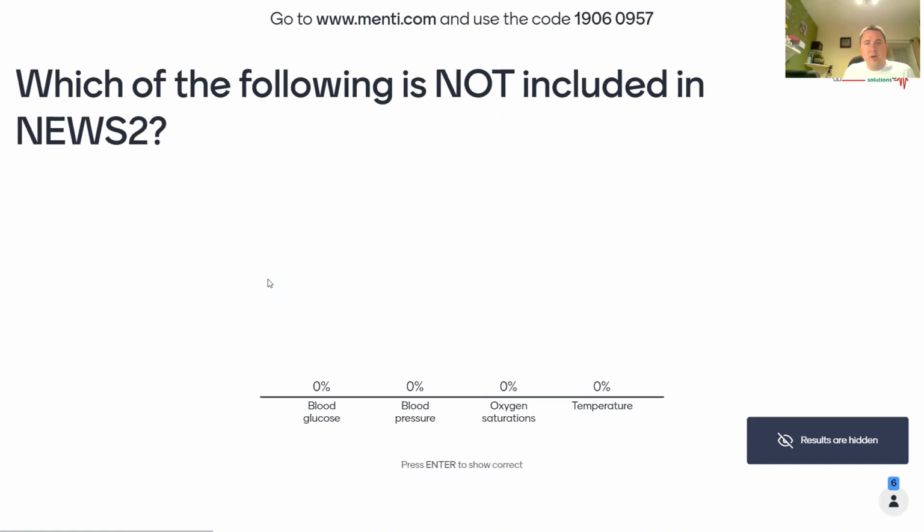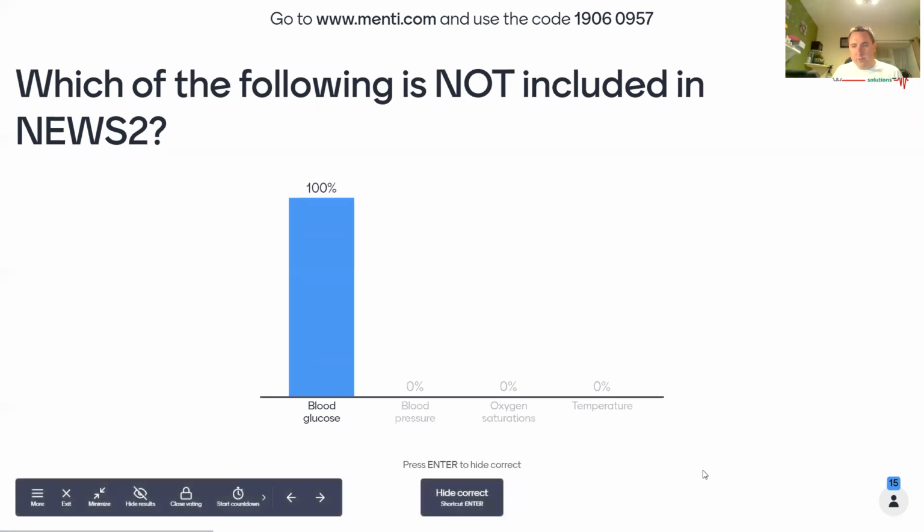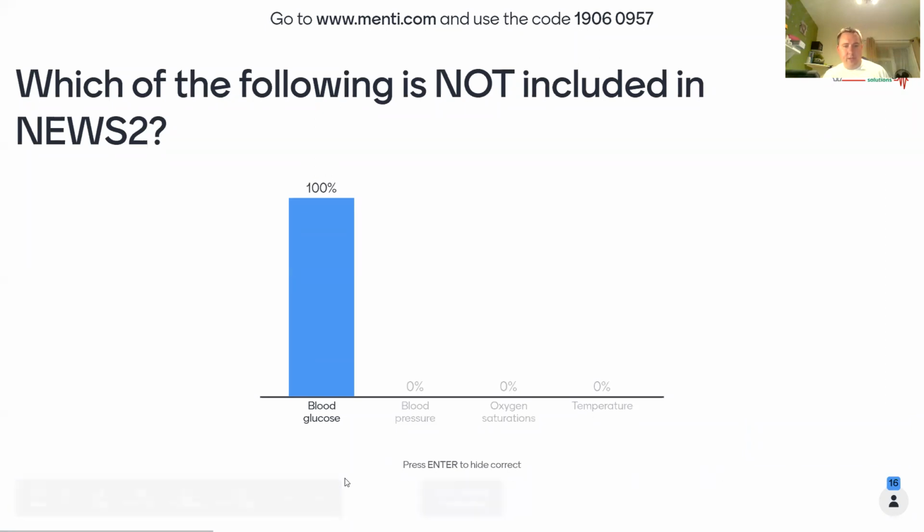If you're just joining us, menti.com, 1906 0957, numbers at the top of your screen. Here everyone's going. Wow, don't need to teach you anything. Lovely, well done, everyone's got that right. Was that too easy? Clearly.